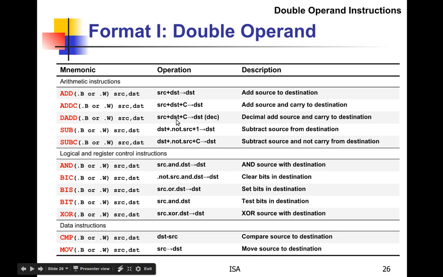There's a thing called binary coded decimal, which is a way of using 16-bit numbers, but we're just going to use them to represent only base 10 numbers. So that's what this decimal business is all about. Then we have sub, which is subtract.